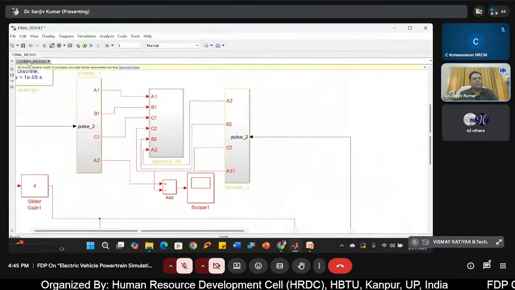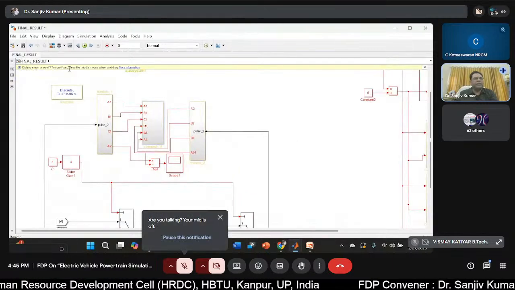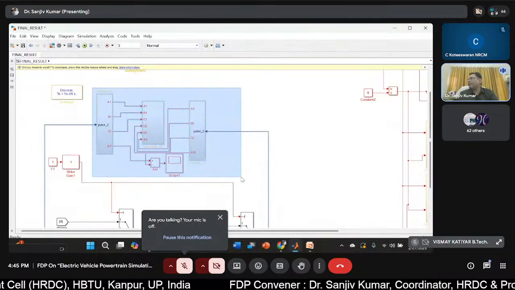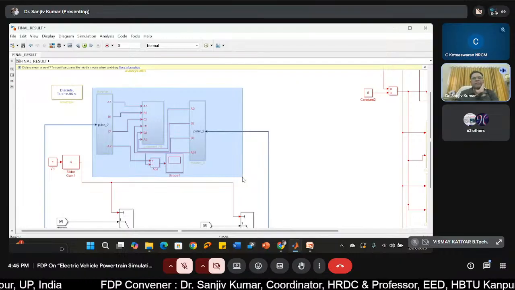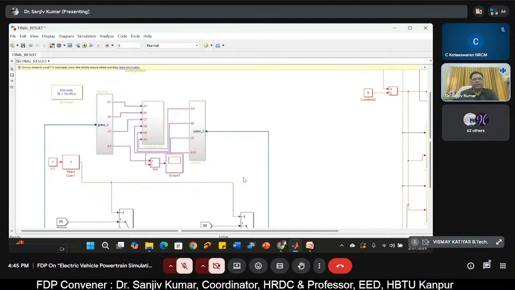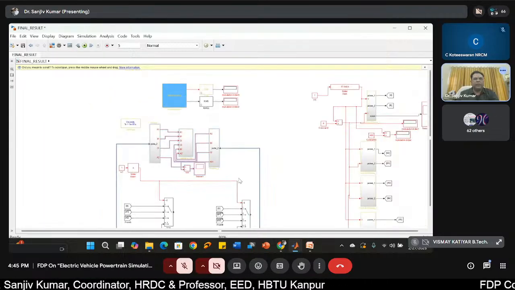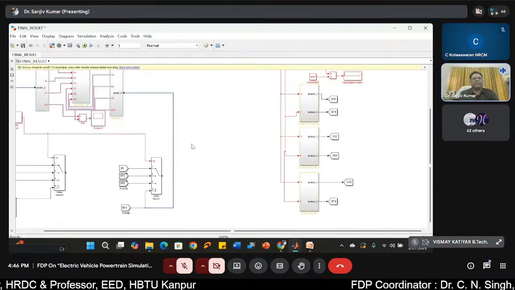Clear? Now this is the power circuit, which I have selected as of now. The job of the power circuit is done, and the rest is the control circuit. For the control circuit, a simple logic is implemented.